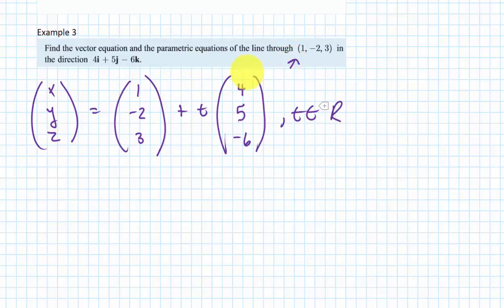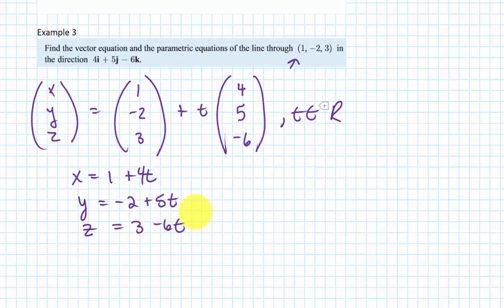And then to find the parametric, we just take the components together. So x is equal to 1 plus 4t, y is equal to -2 plus 5t, and z is equal to 3 minus 6t, where t is an element of the reals for all of them.